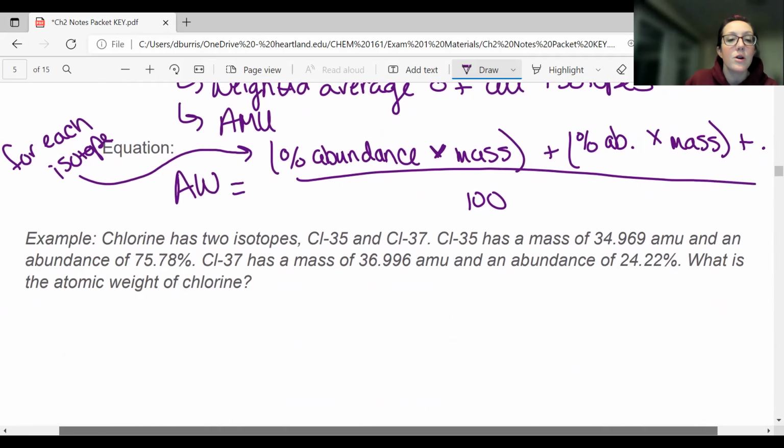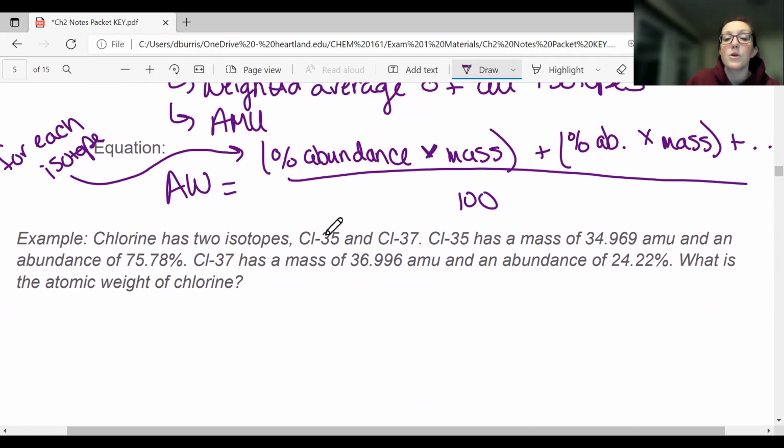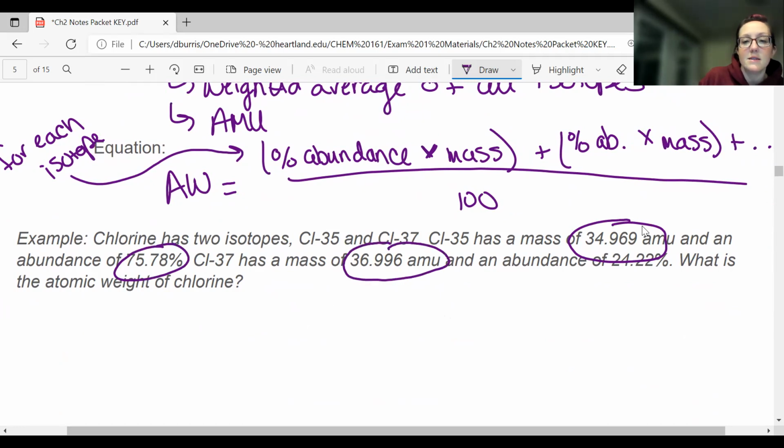As an example, chlorine has 2 isotopes. You can have chlorine-35 or chlorine-37, meaning their mass numbers are 35 or 37. Chlorine-35 has this mass and an abundance of 75.78%. And then chlorine-37 has this mass and an abundance of 24.22%. What is the atomic weight?